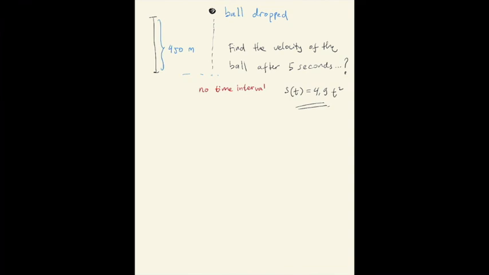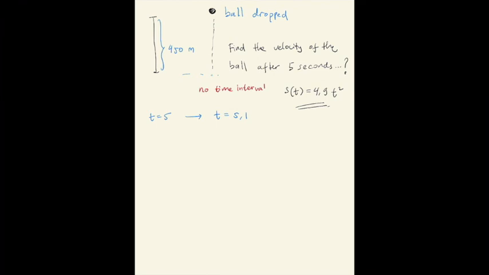Because we need to calculate after 5 seconds and there is no time interval, let's make our own time interval. From t equal 5, let's say t equal 5.1.